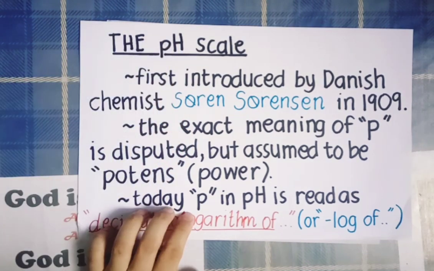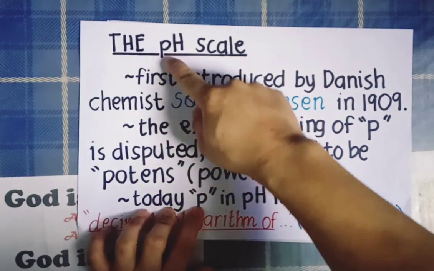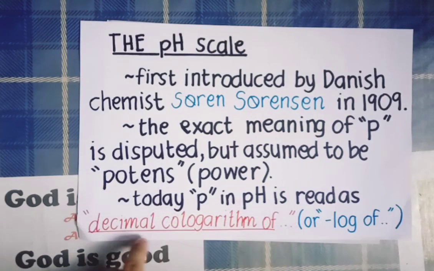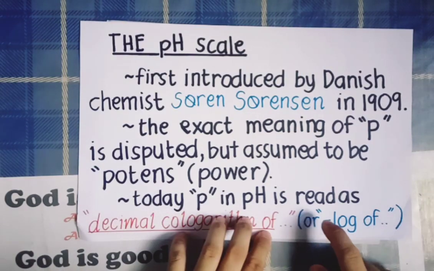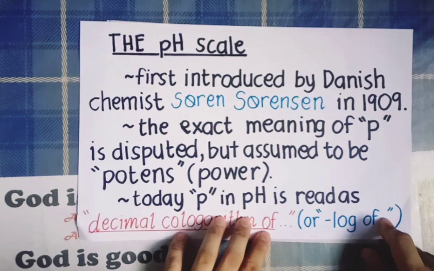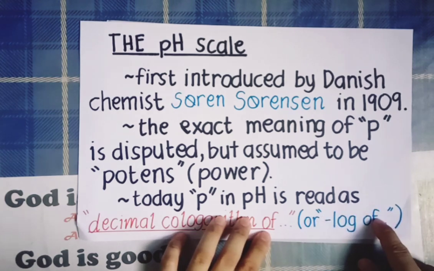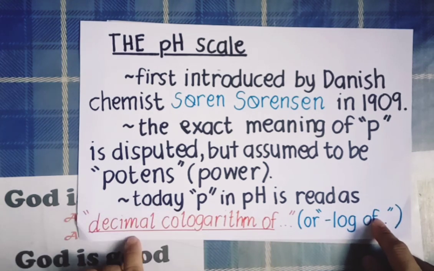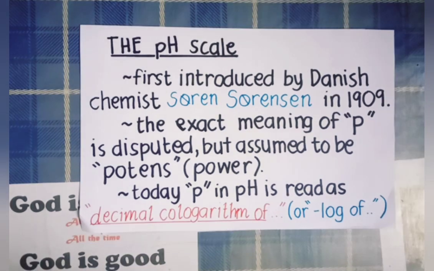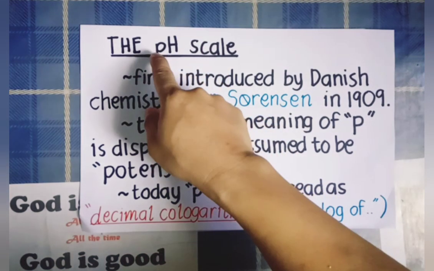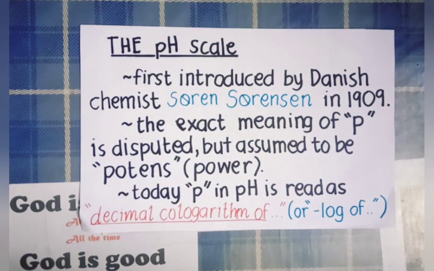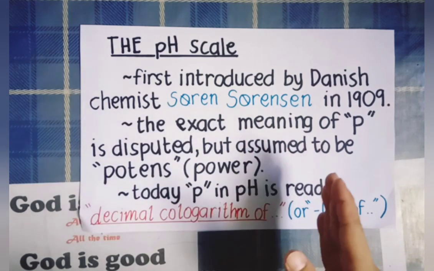Okay, today P here in pH is actually read as the decimal cologarithm or the negative logarithm of. Negative logarithm of and decimal cologarithm of are just the same thing. Now, what's good about Sørensen's way in describing the acidity or basicity of a substance is that this P scale, the P here, can also be used in other values.